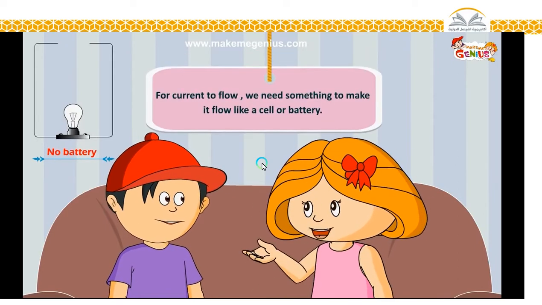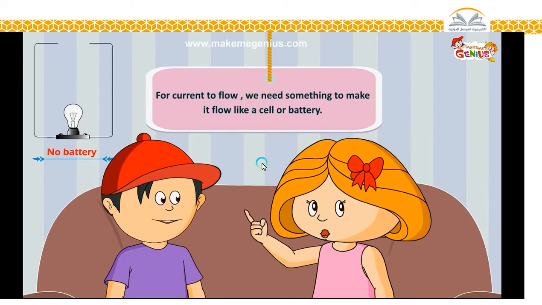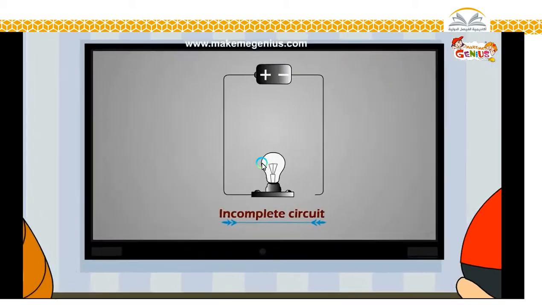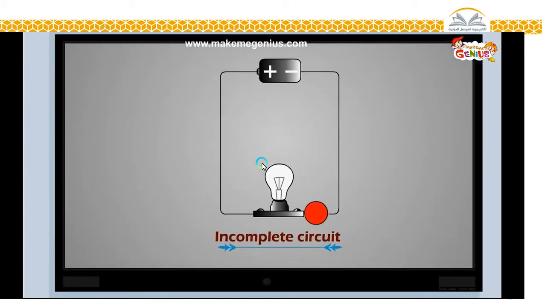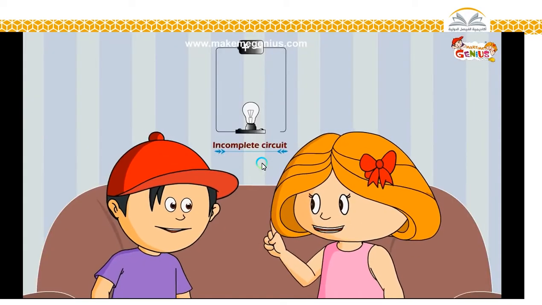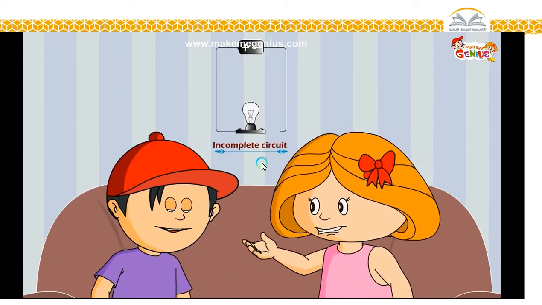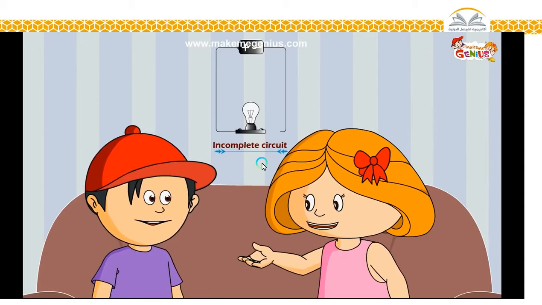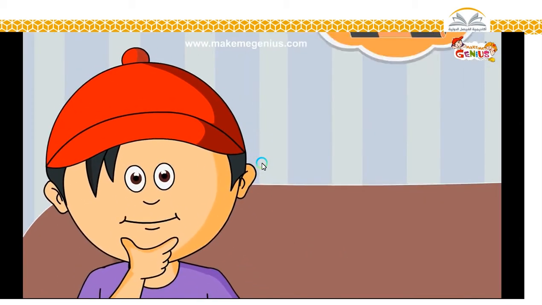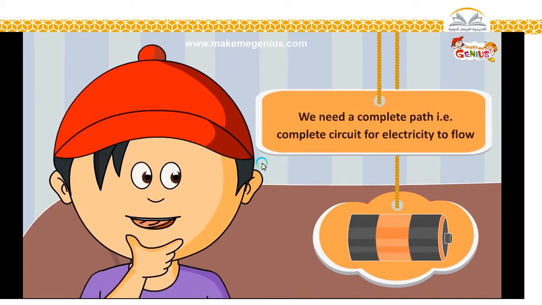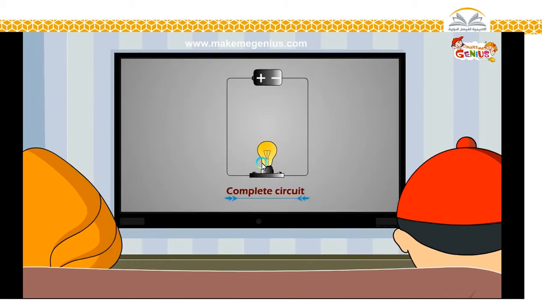So, the first condition for the flow of electricity in a circuit is that there should be something to make the electrons flow. Now look at this second circuit. What is missing? Oh, the circuit is not complete. Correct. This is an incomplete circuit. You need a complete path for the current to flow in. This is called an electric circuit. So, you need some power source like a cell or a battery, and you need a full circuit for electric charge to flow. Yeah, here it is.